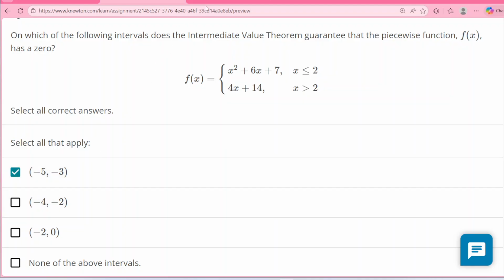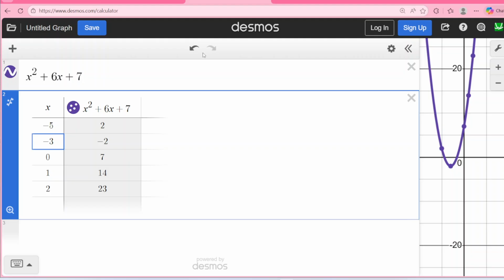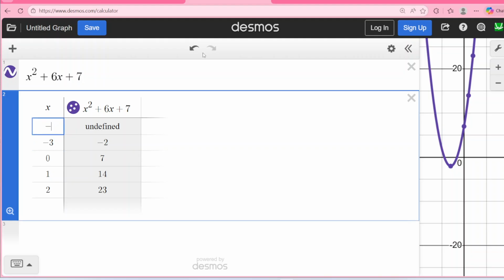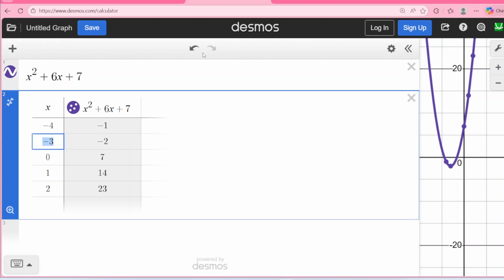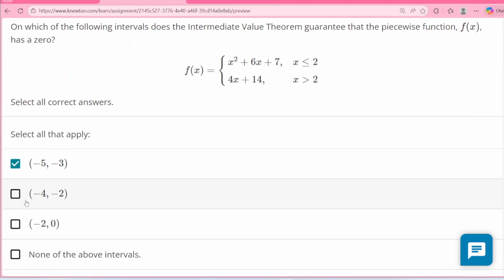Now I'll check negative 4 and negative 2. I'm just changing these to negative 4 and negative 2. Those both have the same negative value, so you're not guaranteed by the intermediate value theorem that there's an x-intercept there. It's going from negative 1 to negative 1 again. So no guarantee for that one, so I'm not going to select it.